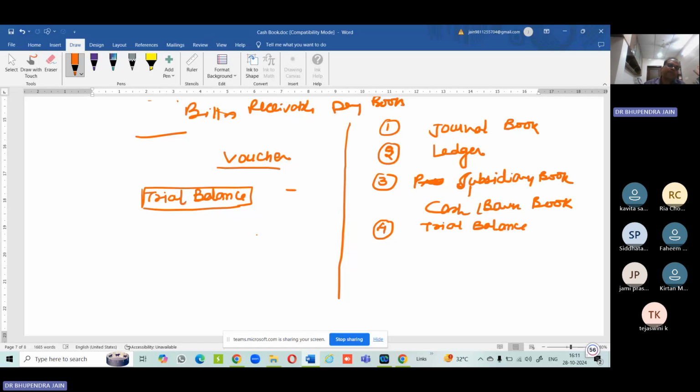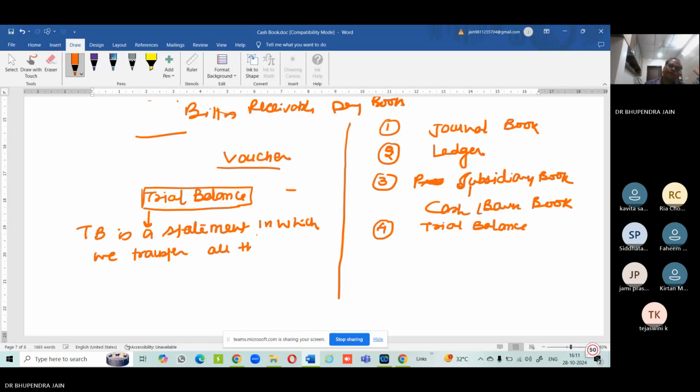So now the question is, what is trial balance? We can say in very easy terms, trial balance is a statement in which we transfer all the closing balances.